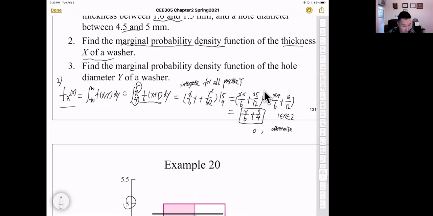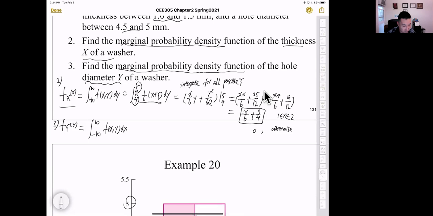The third part is similar, but we need to find the marginal density function for y, the diameter, which is f_Y(y). If that's the case, again we do the integration for the density function f(x,y), but for all the possible x.